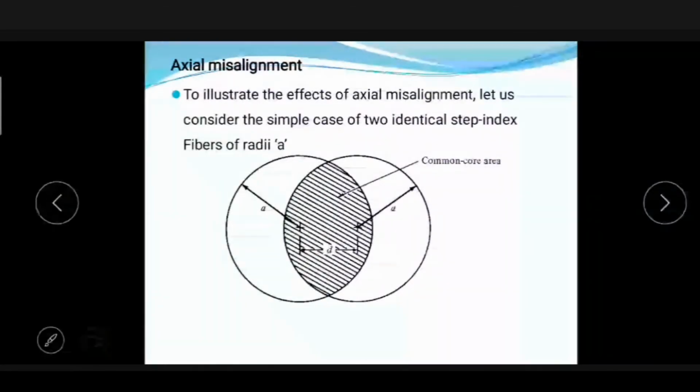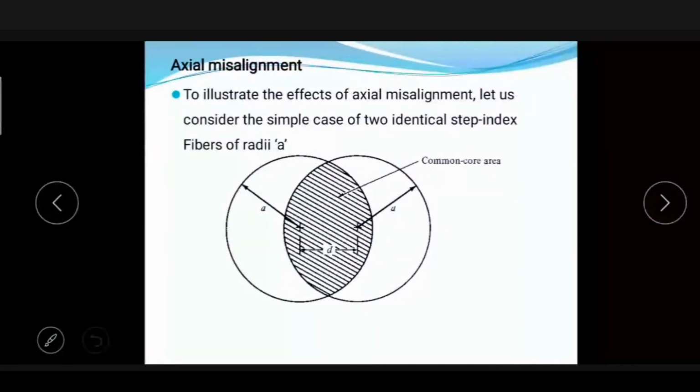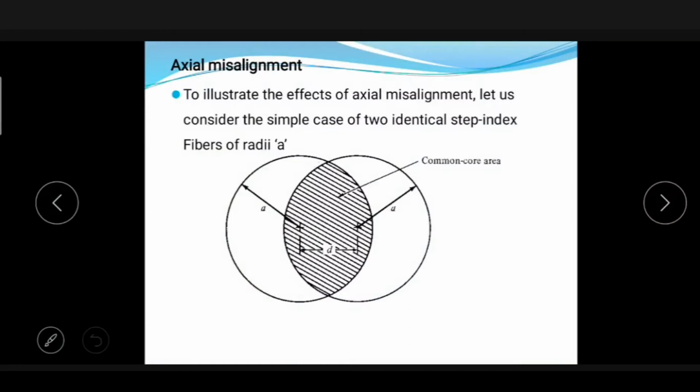But due to misalignment, there is a loss, information loss, or the optical power is lost. So that we have to observe. And there is a point at which the light is maximum, or what we call the optical power is maximum.